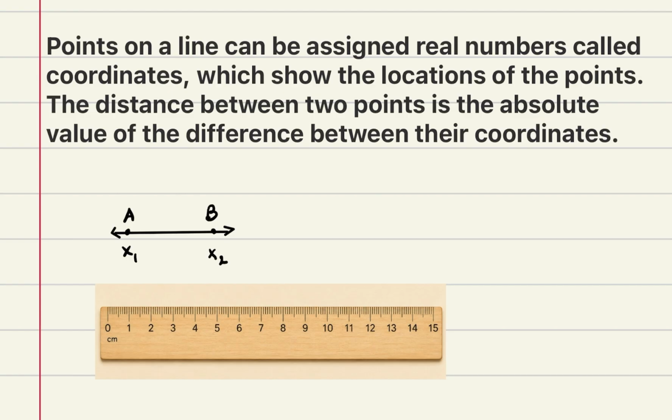So AB, which is the distance between A and B, is equal to the absolute value of x sub 2 minus x sub 1.